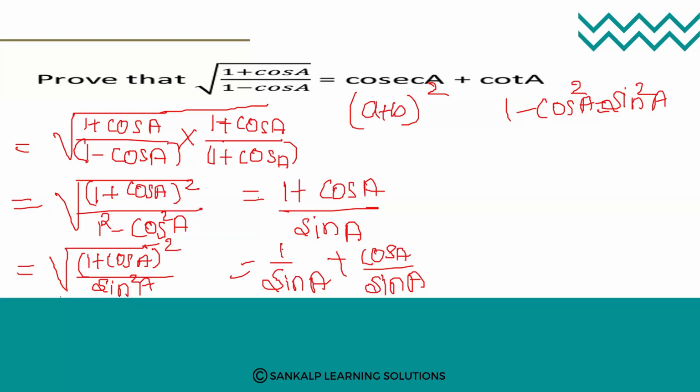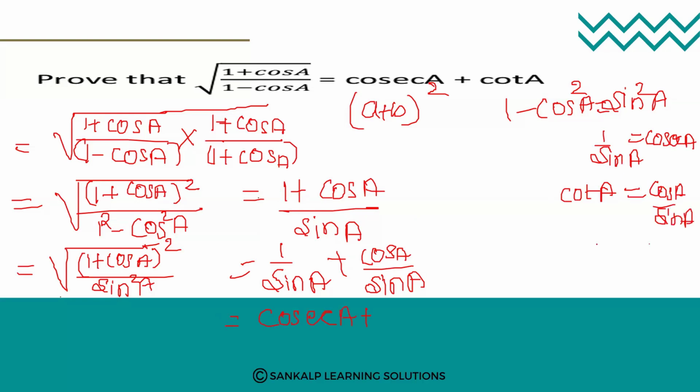Now 1 divided by sin A is cosec A, the reciprocal relation. Cosec A plus cos A divided by sin A, which is cot A, right? Cot A means cos A divided by sin A.